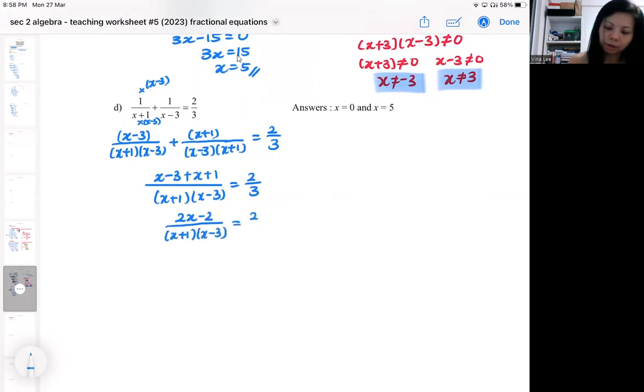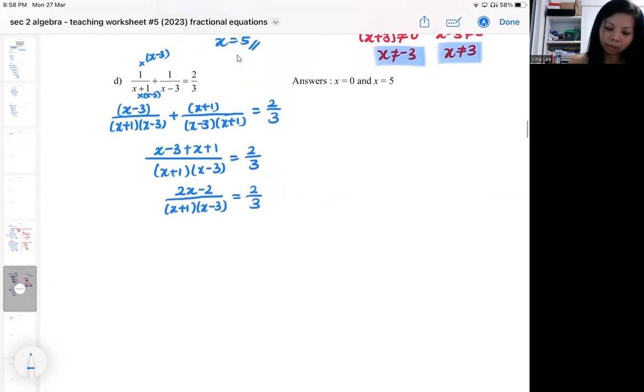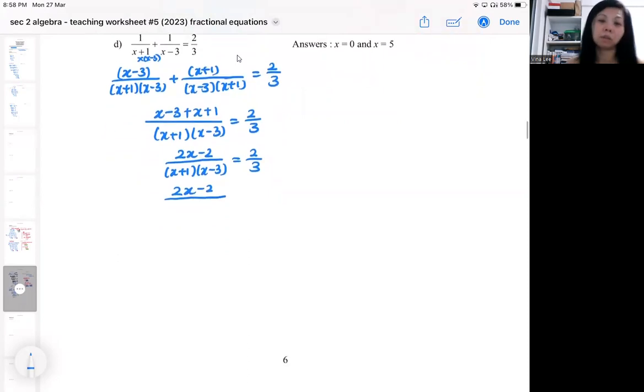Do you realize every time before I cross multiply, I try to do something to the fraction until there's nothing for me to do? So here I will expand. Hopefully your expansion is very mental already, so you can perform all this quite fast with accuracy. Then I go for my cross multiplication.